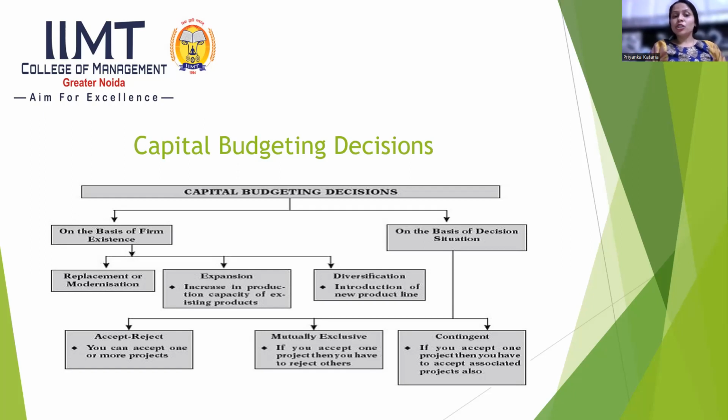It may be expansion, like an increase in production capacity of existing products, or diversification, the introduction of a new product line or a new branch. Next is on the basis of decision situation. It may be accept or reject, mutually exclusive, or contingent.